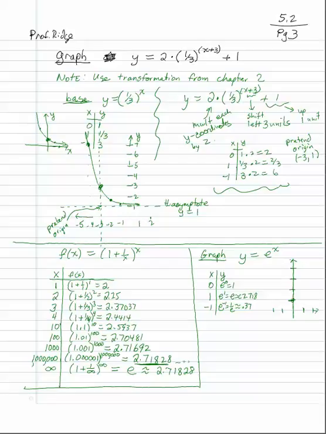So I'm going to graph it: 0, 1, then 1, 2.718 out there, and 0.37. It's an exponential growth curve. That's y equals e to the x. Okay, so that's a big idea here.